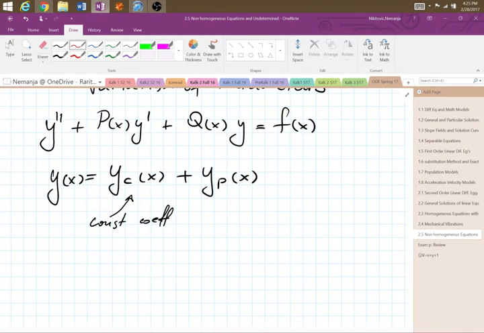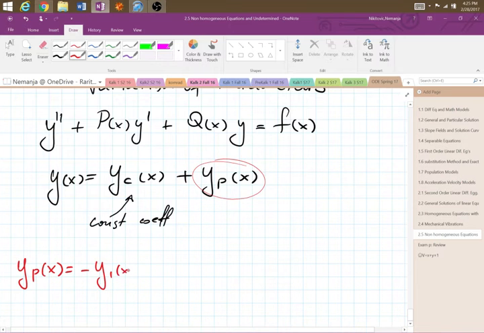This is the evil part right here. So what is the formula for yp of x? Negative y1 of x times the integral of y2 of x times f of x divided by the Wronskian of x. Oh, it's just not a big deal.